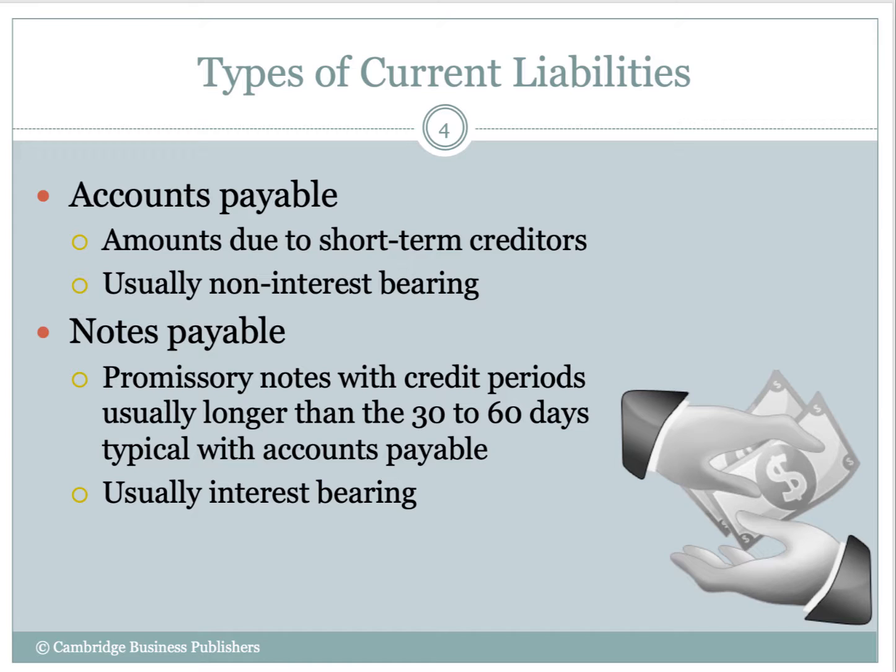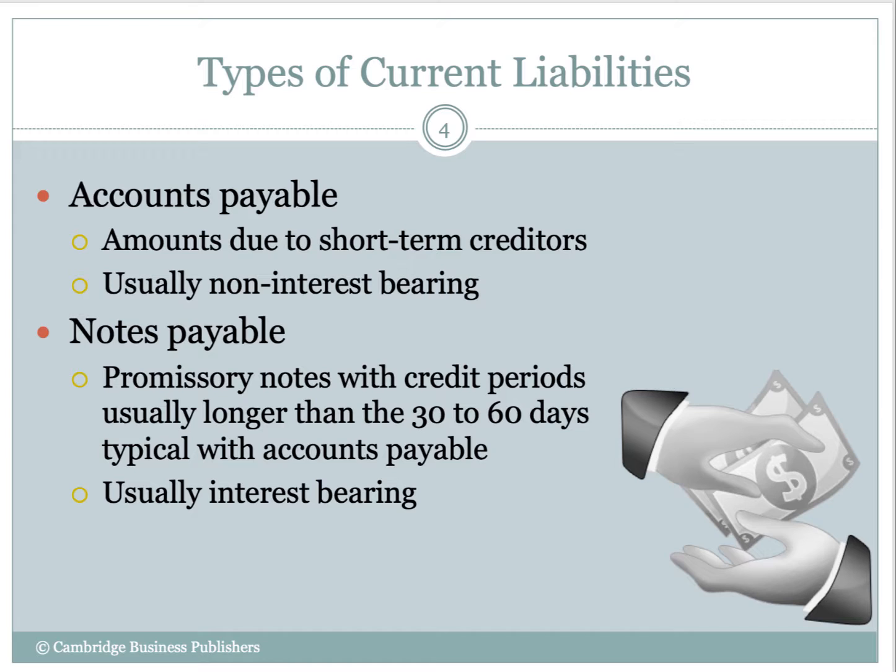Those are relatively smaller dollar amounts, but they're due in the short term, 30 days, 60 days, whatever, okay? Usually accounts payable do not accrue interest, meaning if we buy something on account, usually that business does not charge us interest. So that's what we mean when we say accounts payable, they can be, but usually they're non-interest bearing.